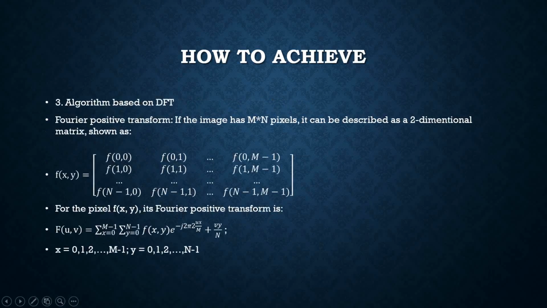And the third one is the algorithm based on discrete Fourier transform. The positive transform is shown below, and it uses a 2-dimensional matrix to represent the picture, and does the transform function like this.